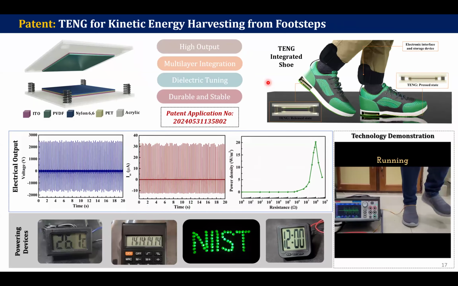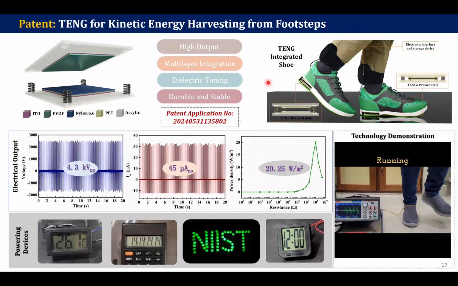We also hold a patent on triboelectric nanogenerators for harvesting kinetic energy from footsteps. So by wisely choosing the materials, by dielectric tuning and multi-layer integration, a high output device has been formulated, which is durable and stable. Then this particular device, which we have developed on a spring-assisted structure, has been integrated into a shoe.